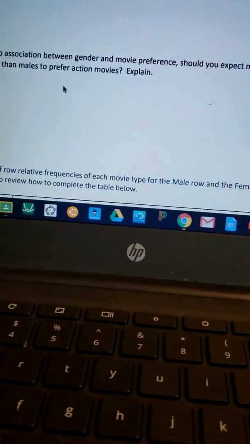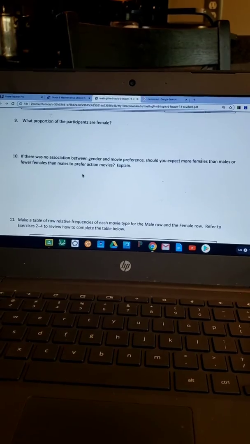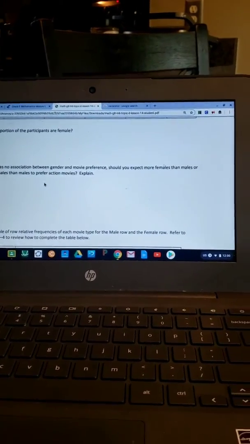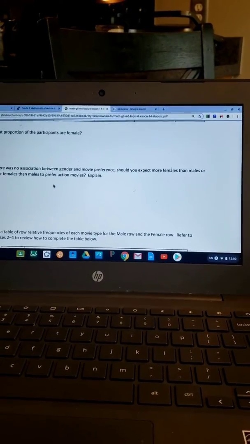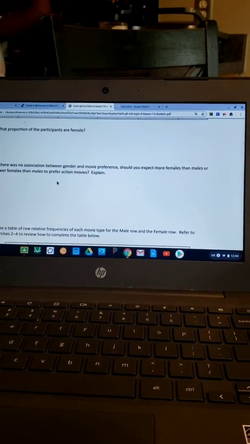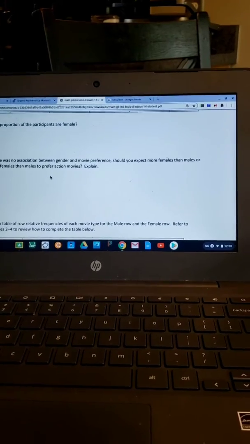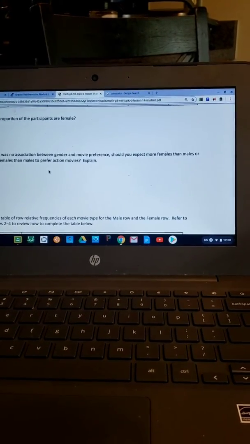Okay. All right, moving on to number 10. It says, if there was no association between gender and movie preference, should you expect more females than males or fewer females than males to prefer action movies? Explain. All right, well, based on looking at what we saw in the first example, if there is no association, then I would expect that more females than males would prefer more action movies because there are more females.